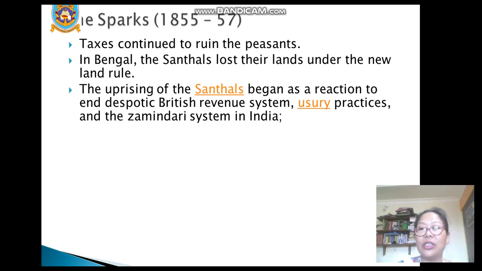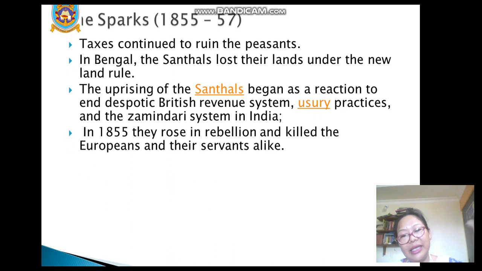You can ask about these terms from your history teachers. In the zamindari system, the farmers, the peasants, had to pay taxes to the zamindars, for the land belonged to zamindars. To cultivate that land, the farmers had to pay heavy taxes to zamindars, and the zamindars were controlled by the British.